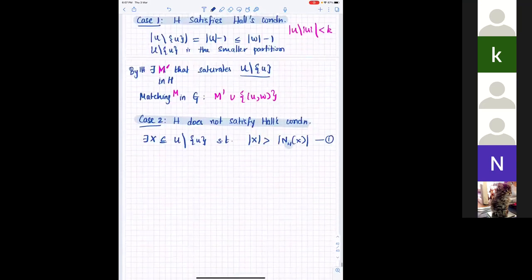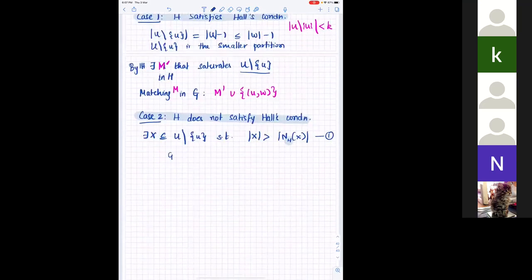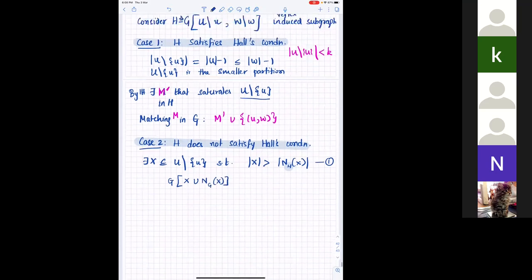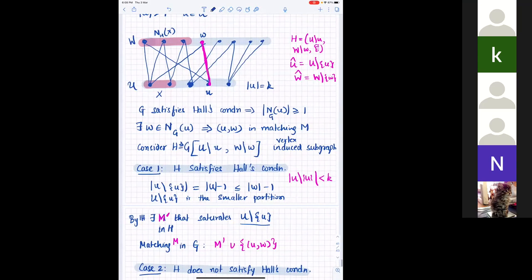So let's look at the graph G. Now let's take these two partitions: look at X on one side and the neighborhood of X in the graph G. So what are you going to do? You're going to zoom into this portion.